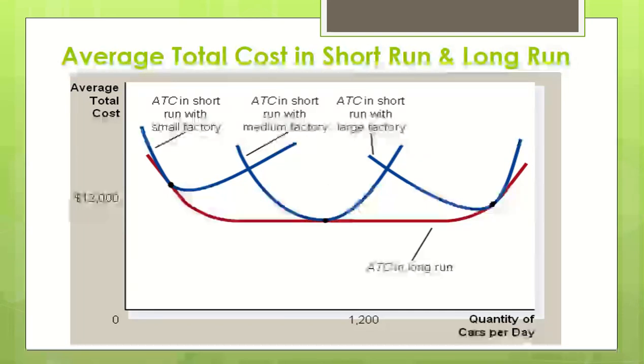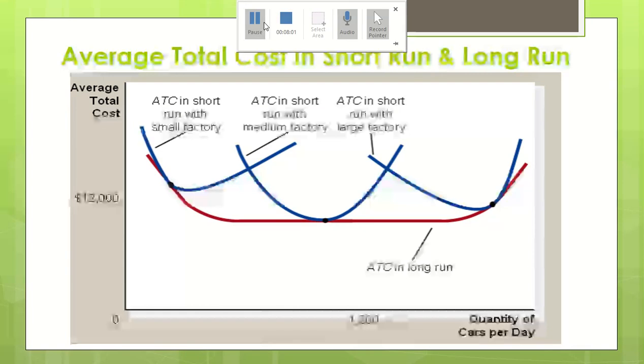If we join the minimum points of these three curves, this one and this one, then this leads to the long-run average total cost curve. This red line basically shows the average total cost curve in the long run.